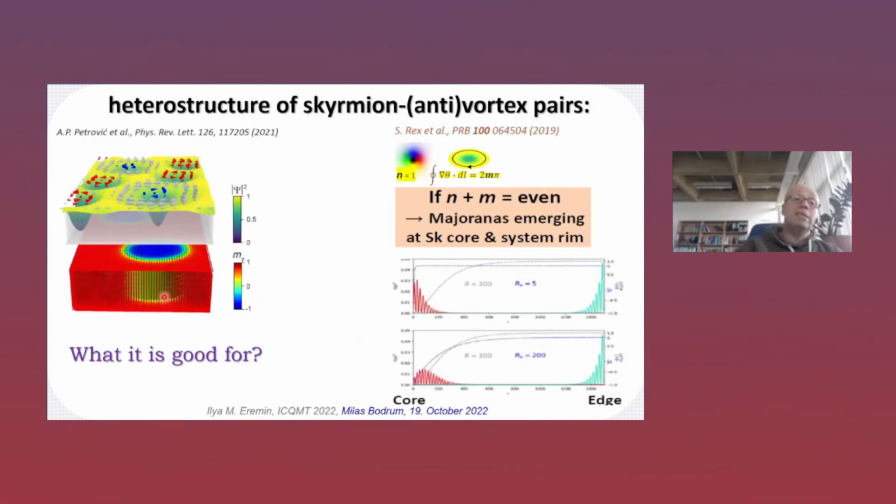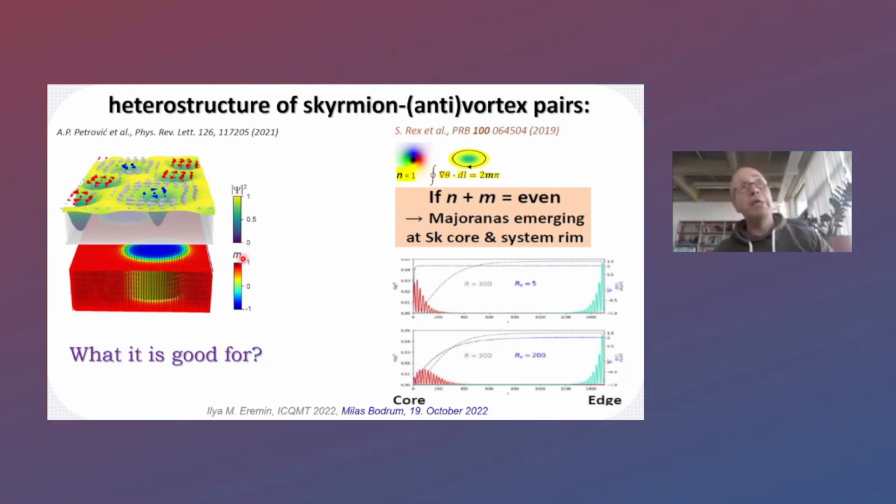Of course, that's still a thermodynamic probe, and they haven't managed yet to show spectroscopically, for example by help of STMs, that they see both skyrmions and vortices underneath, but this is something that I believe can be done.